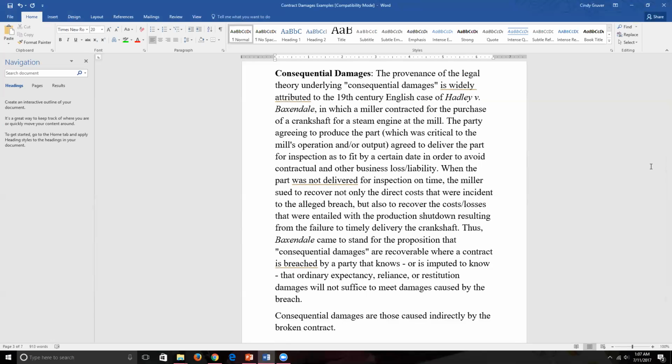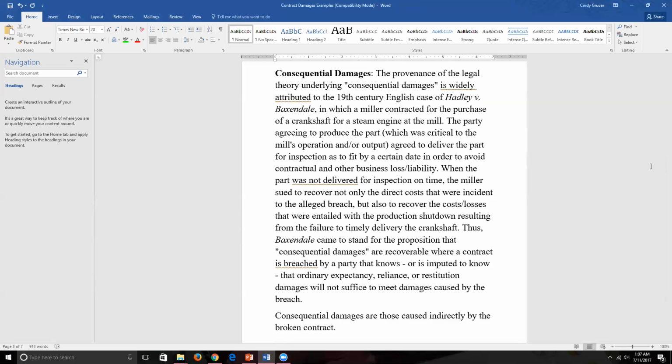It's not a mandatory authority, but it's a persuasive authority situation. Anyway, Hadley versus Baxendale is one of those cases. And so you will see it being discussed even in the United States.